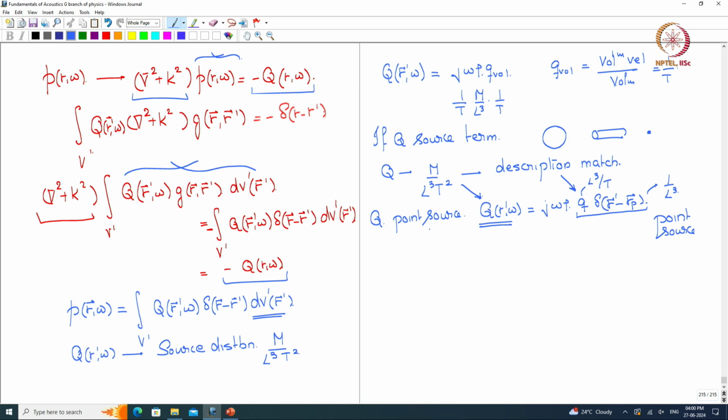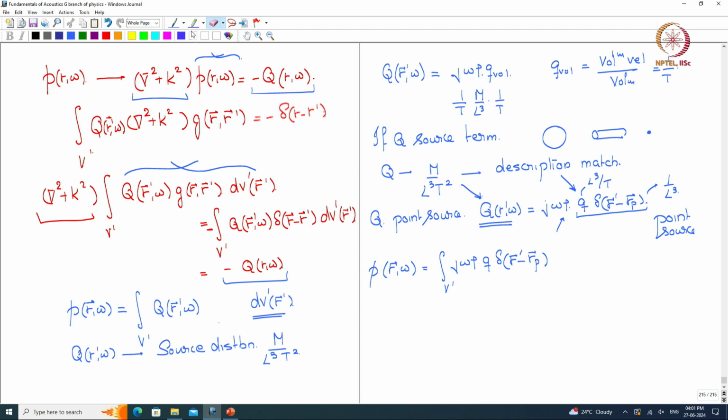Okay, so now if we put this back in here, what do we get? P(r, omega) is equal to the integral over V' of q, which is now j omega rho q delta(r' minus rp). Okay, my apology, big blunder.